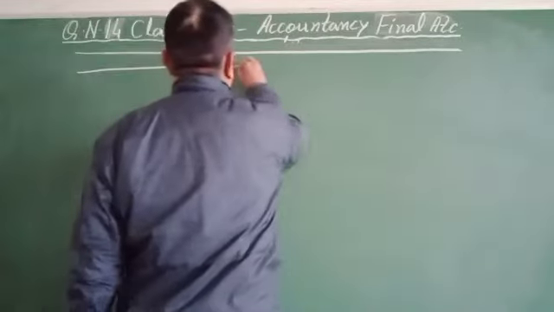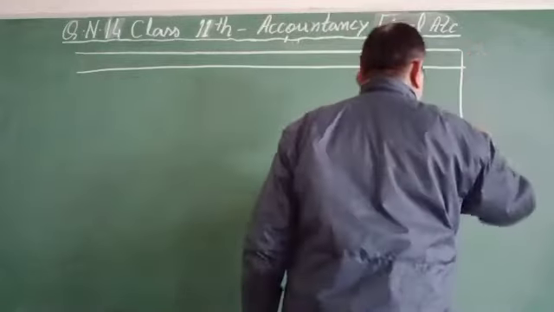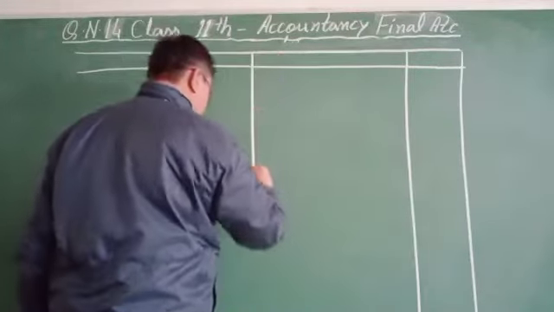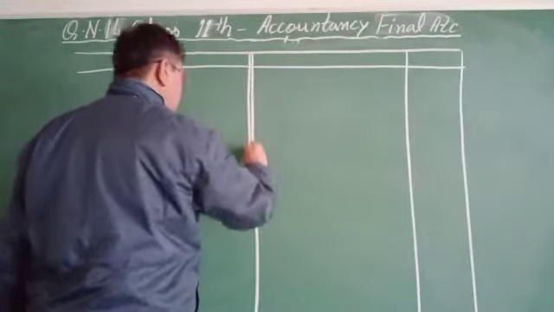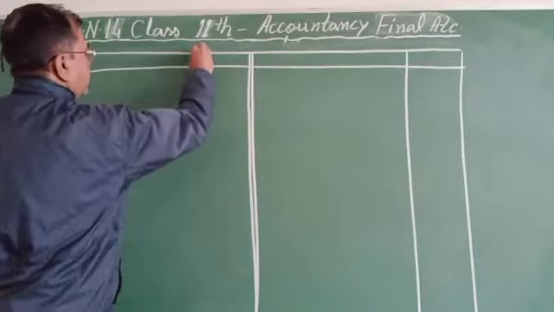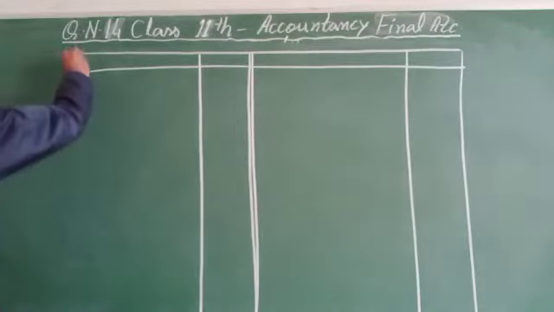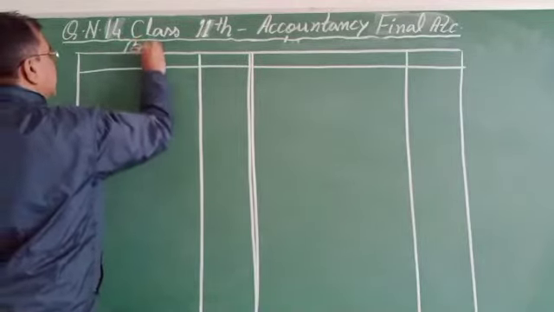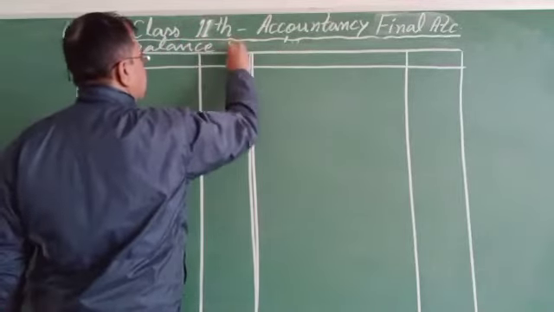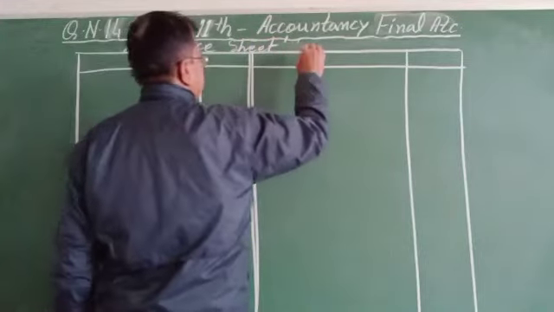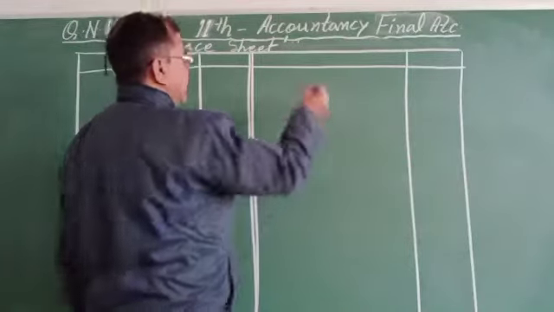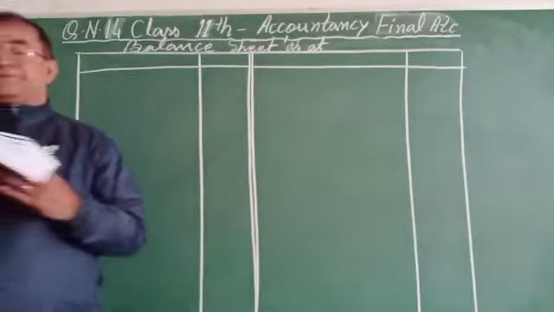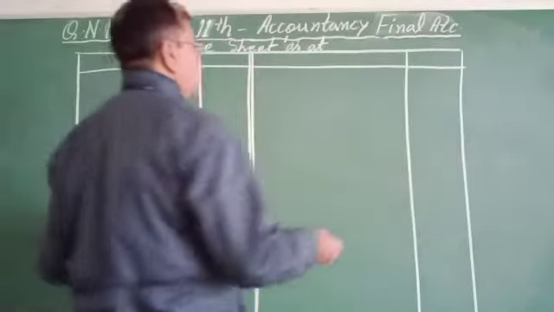This is the format, with the amount column and the heads liabilities and assets. These are the steps involved. First, write the balance sheet with the name of the company as at 31st March 2017, as given in the question.